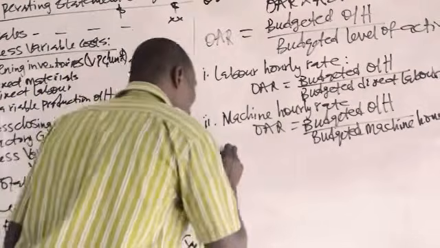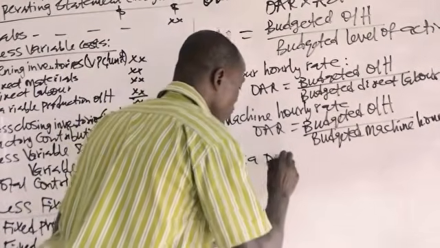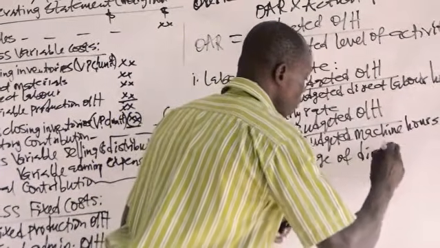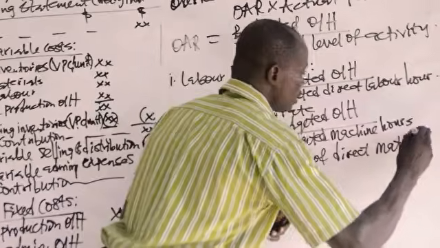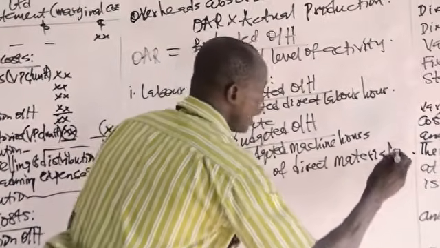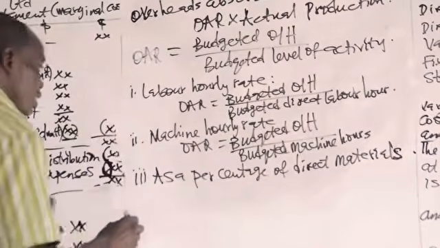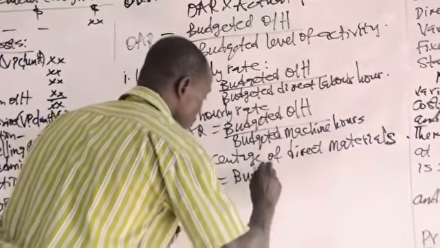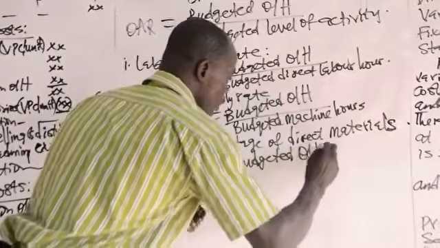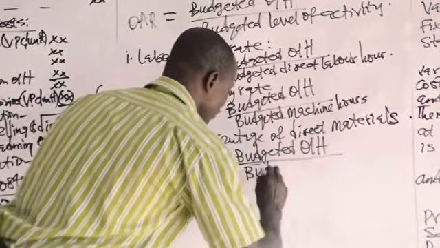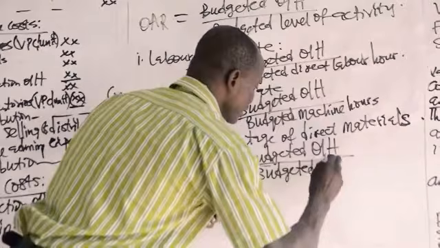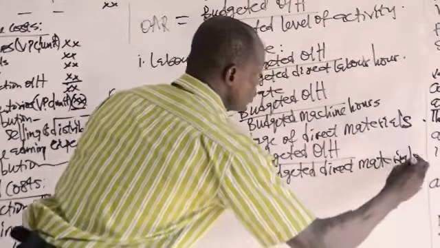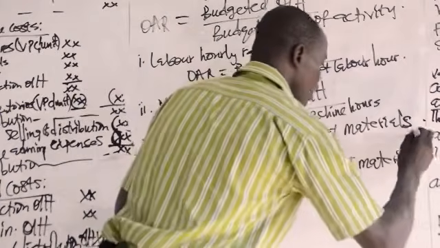So, as a percentage of direct materials, your overhead absorption rate will be budgeted overheads over budgeted direct materials times 100.